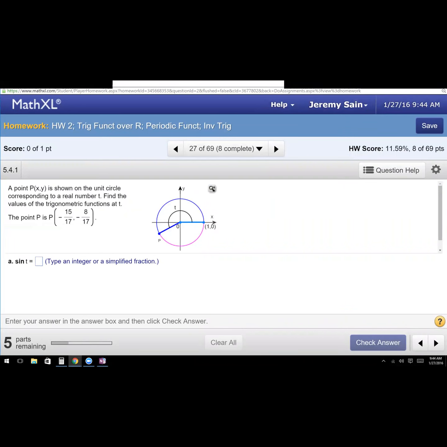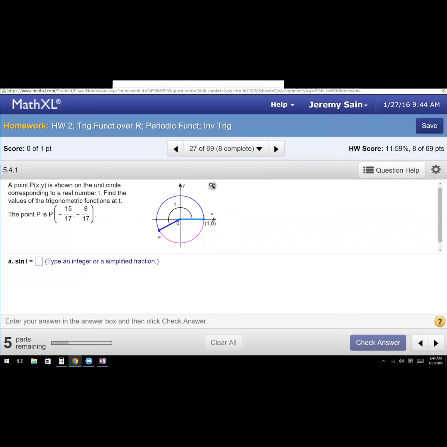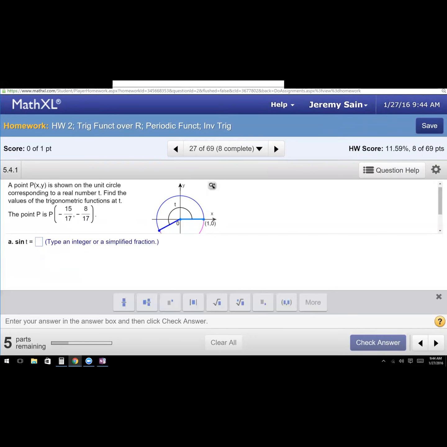It says you stop there at 15 pi over 17 and negative 8 pi over 17. And well, you can tell by the fact it's got 1 and 0 here, the radius is 1. So this is the unit circle. So sine, if you're on the unit circle, you don't even have to do the divide by r. Sine is just going to be equal to which coordinate? Y.